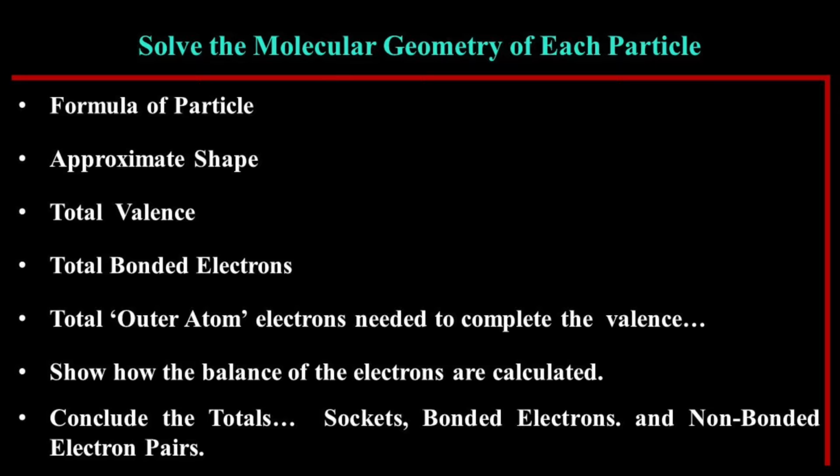Formula of particle, approximate shape, total valence, total bonded electrons, total outer atom electrons needed to complete the valence. Show how the balance of the electrons is calculated, conclude the totals, sockets, bonded electrons, and non-bonded electron pairs.